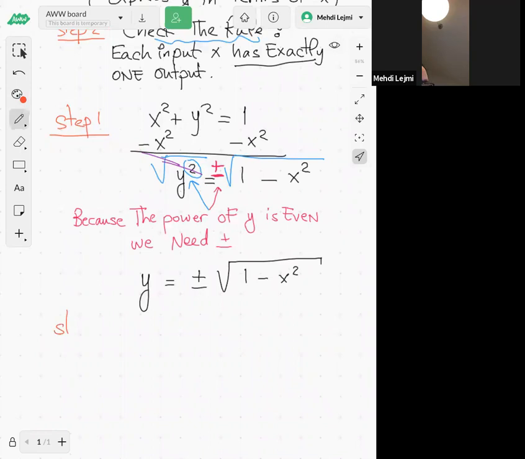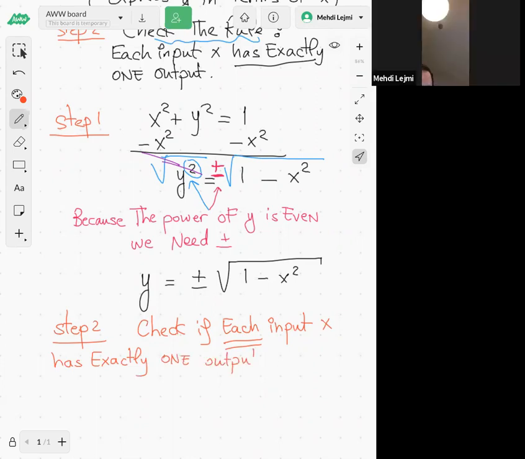In step number 2, we need to check if each input x has exactly one output y.